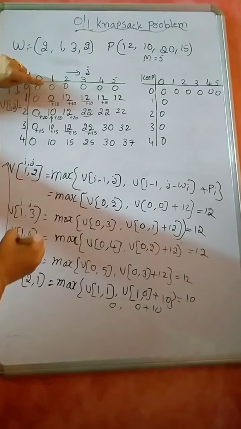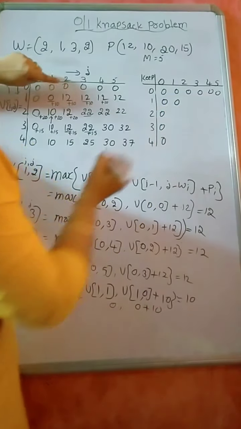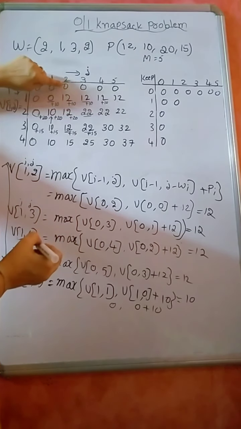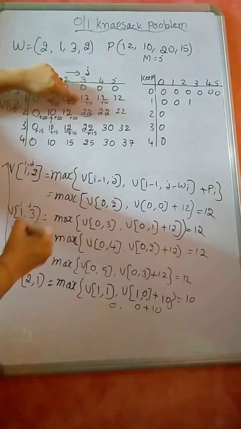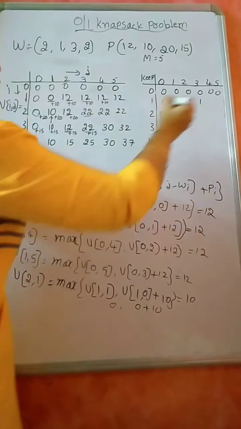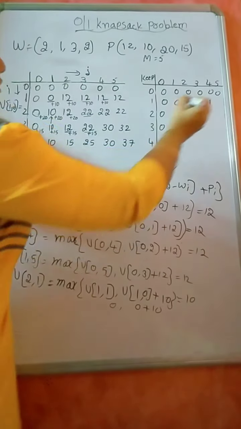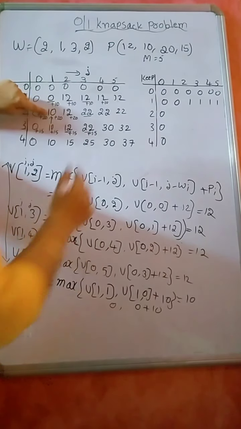Now, is there a change in the previous profit? No. Entry is 0. Is there a change from the previous profit? Yes. Entry is 1. Is there a change? Yes. Yes. Now this entry, is there a change from the previous profit? Yes.